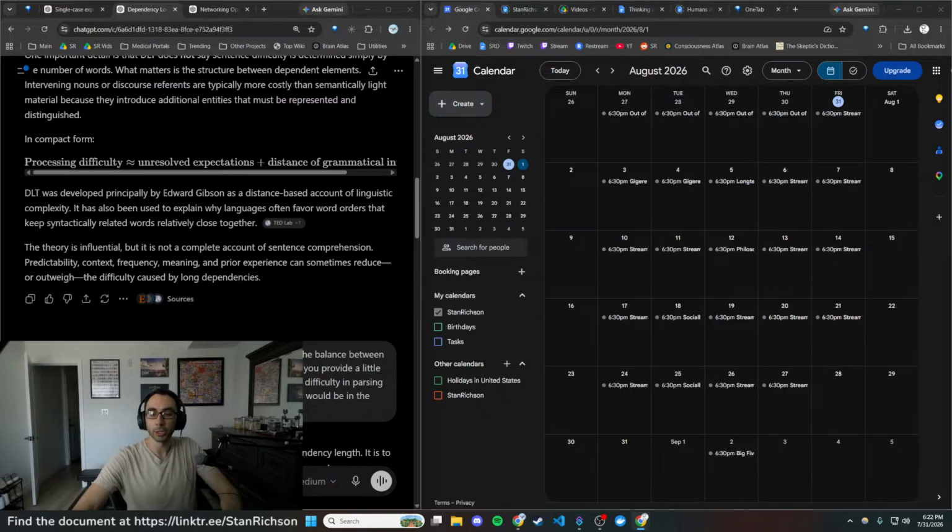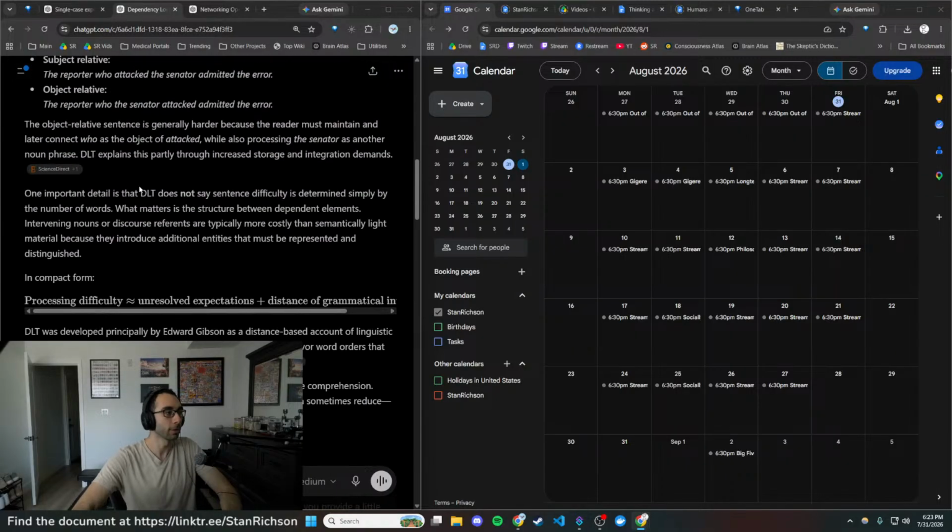Yeah, I think the issue is that you could provide the same information in two different ways, and one would be more difficult to follow according to this theory. So it's not simply informational complexity, it's specifically structure and grammar as opposed to added information.